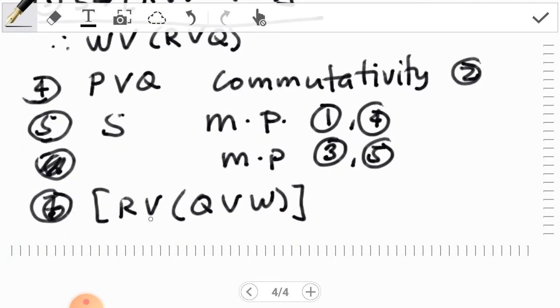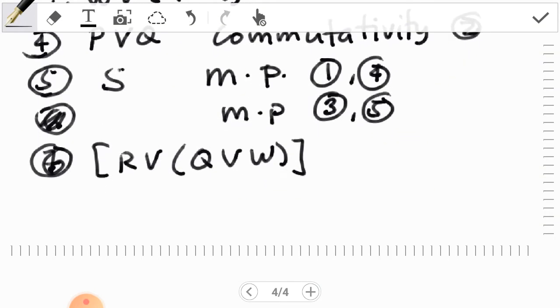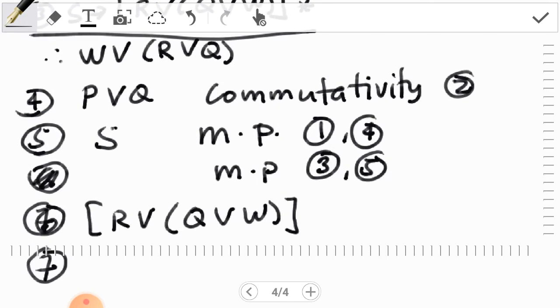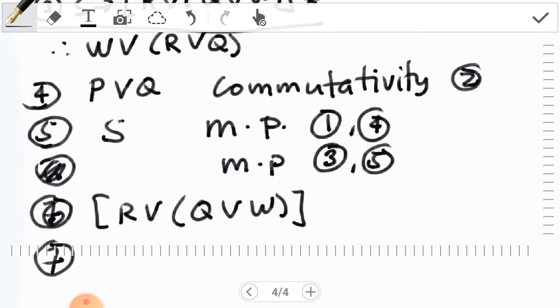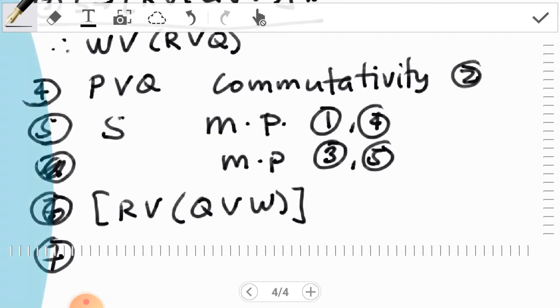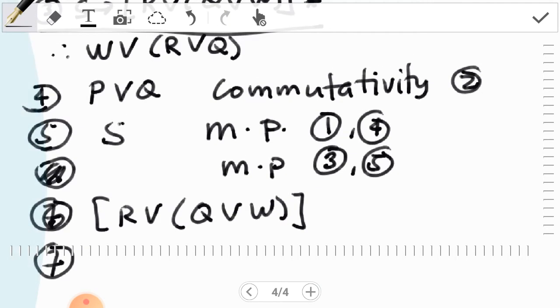Okay, since we have similar connectives here, we can just use the associativity rule. Since we have similar connectives here, we can just rearrange the elements and we get the same result.